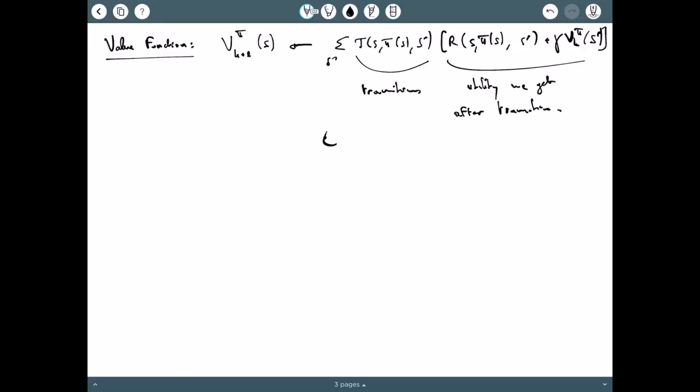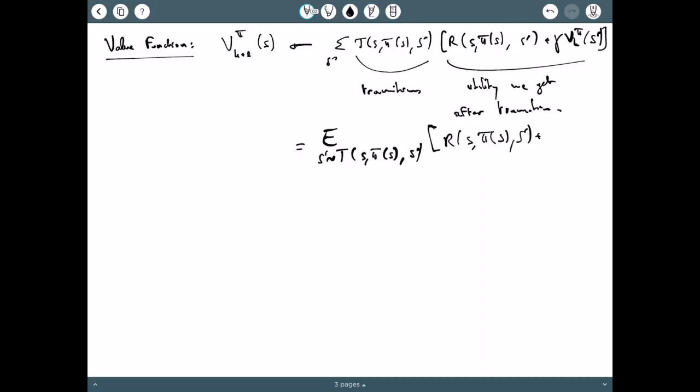So basically, this is an expectation under this probability function of this quantity here.